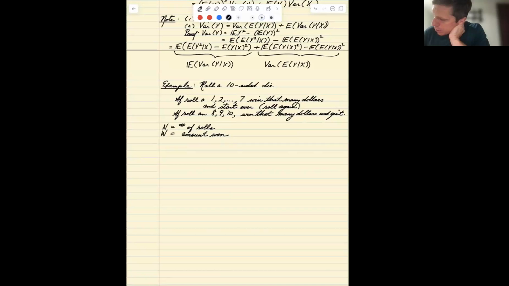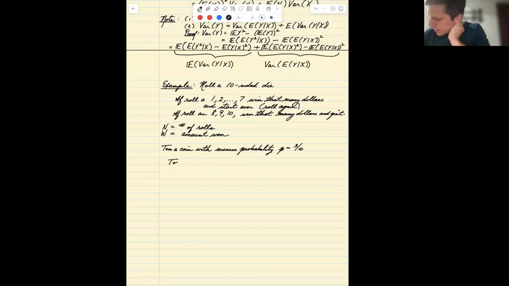So we're going to toss a coin. This is the equivalent to tossing a coin with success probability three-tenths.